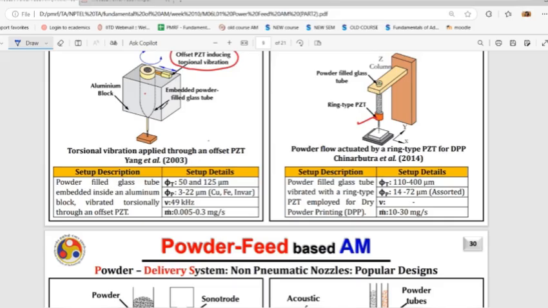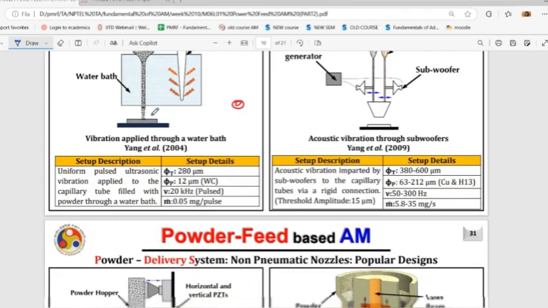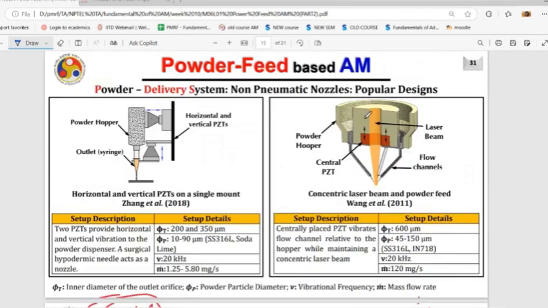At that time only your powder will come, and at other times the powder will not come because it's nano powder. It will be clogged inside, it will be stuck inside, and when you give ultrasonic vibration to the nozzle, the powder starts flowing, starts coming into the deposition zone. So this is one example of non-pneumatic feeding.